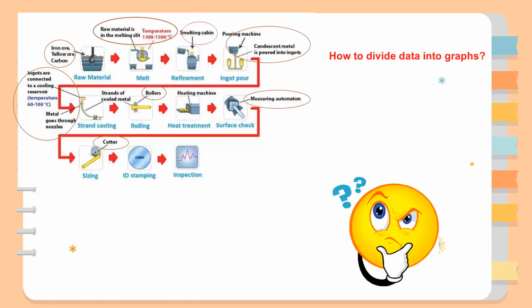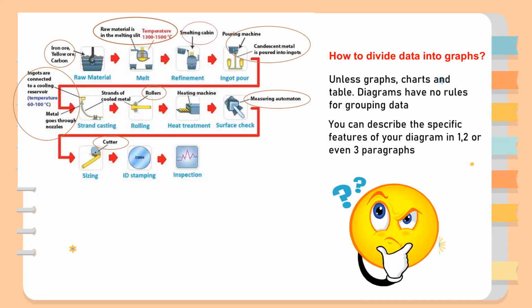Okay, so how to divide the information into paragraphs. As you can see, unlike graphs, charts, and tables, diagrams have no rules for grouping information. You can describe the specific features of your diagrams in 1 or 2 or even 3 paragraphs. However, your division must come in a logical way.